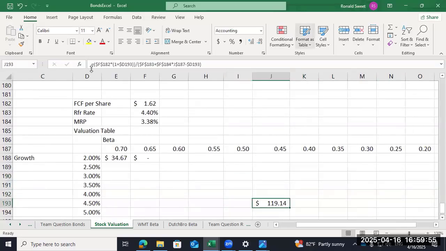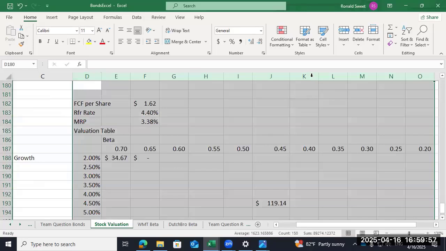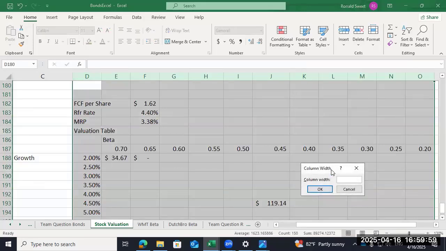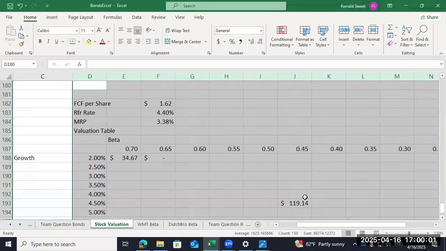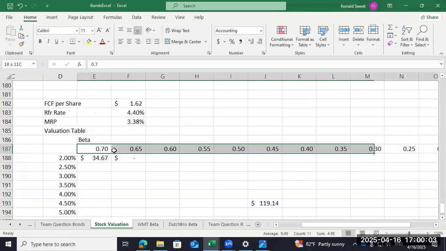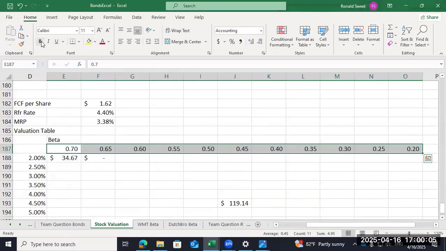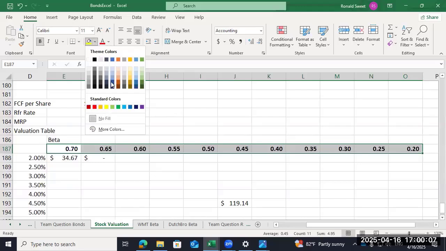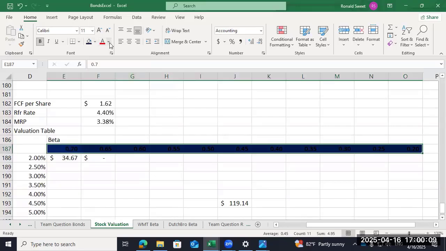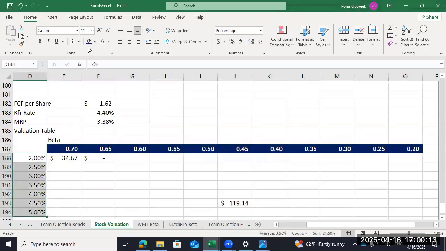I'm going to change these columns. Got my betas. Growth rates.